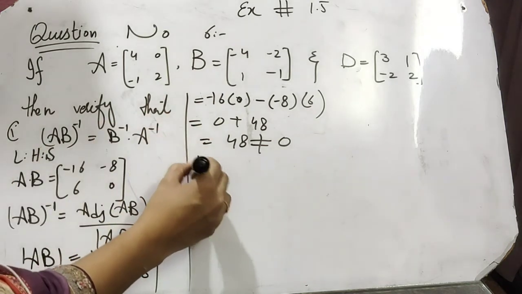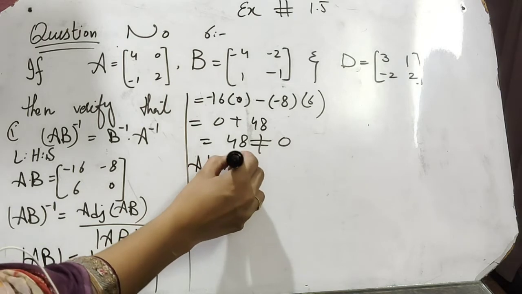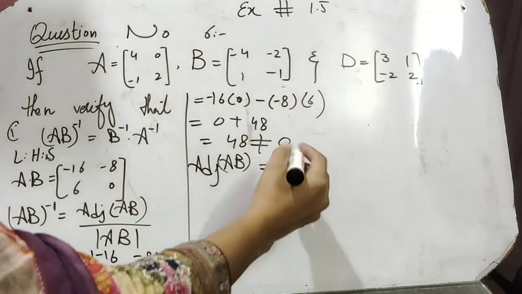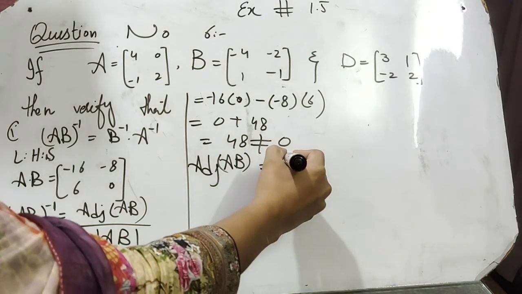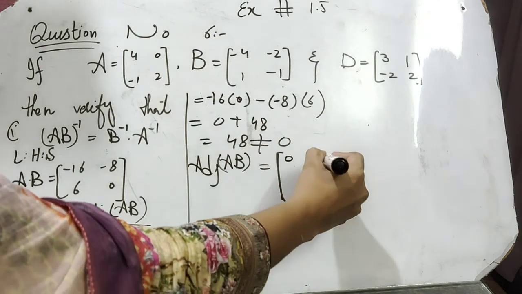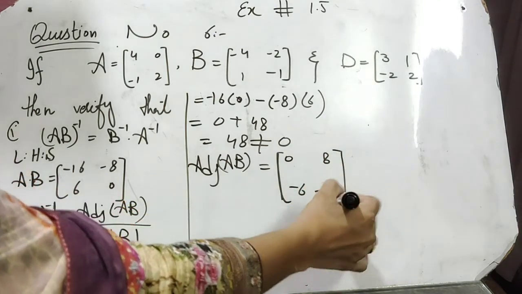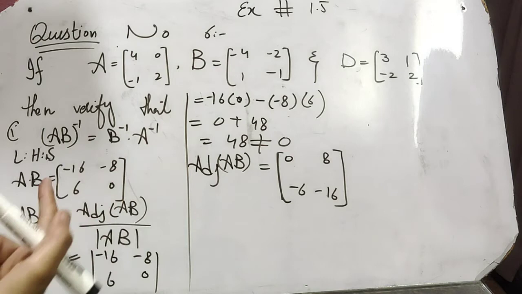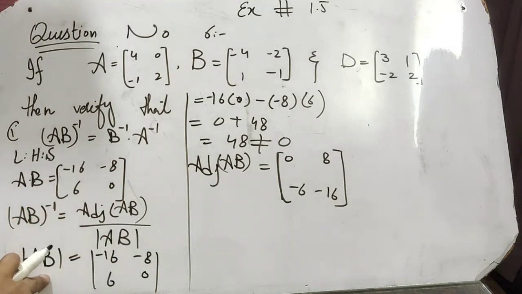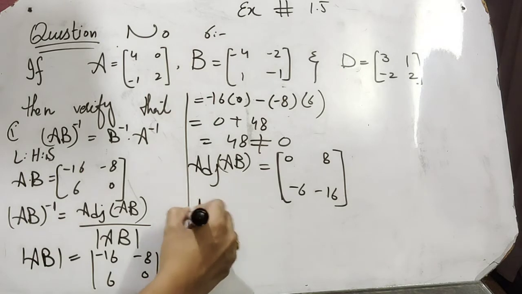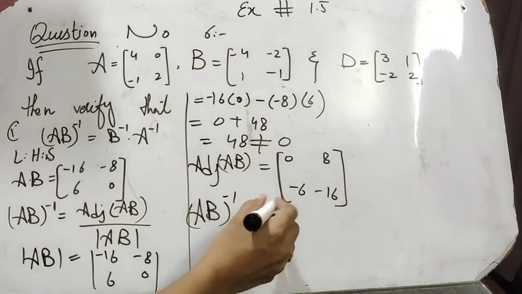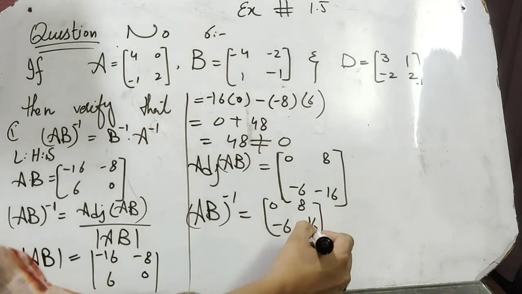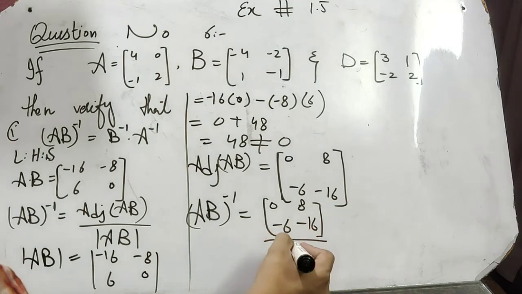Now we will find the adjoint of AB, and the adjoint of AB is equal to [0, 8; -6, -16]. This is the value of the adjoint of AB. Okay. Now put these values of the adjoint of AB and the determinant of AB in this equation. We get the inverse of AB is equal to [0, 8; -6, -16] divided by 48.